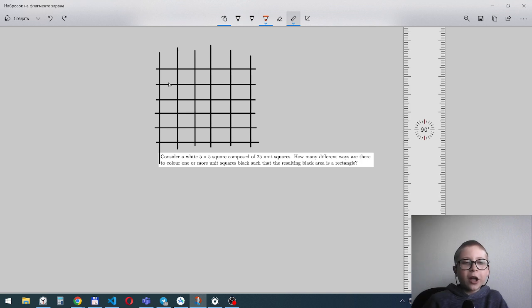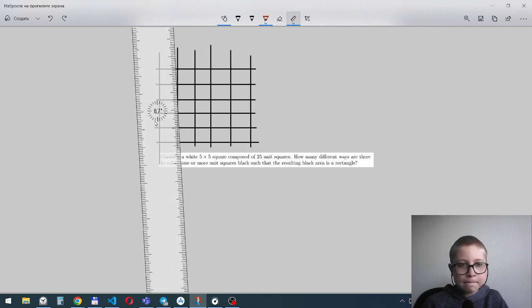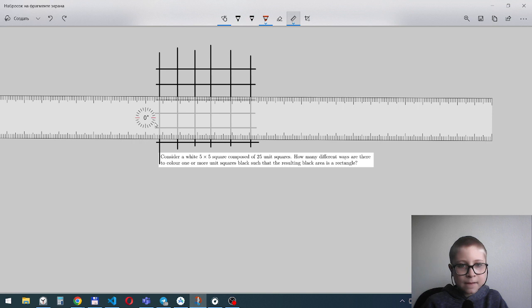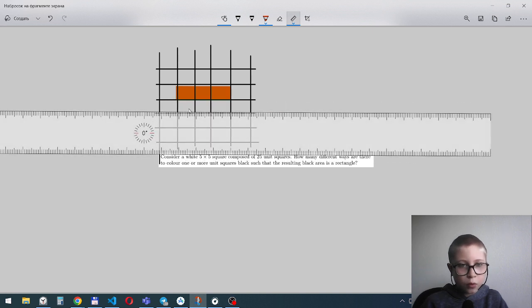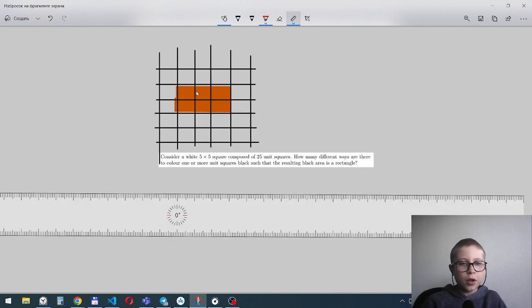Okay, so how are we gonna approach it? For example, if we mark this area right here red, we will have a 2 by 3 rectangle.